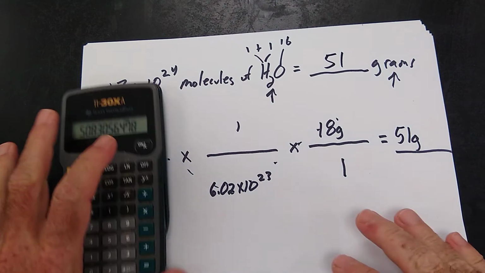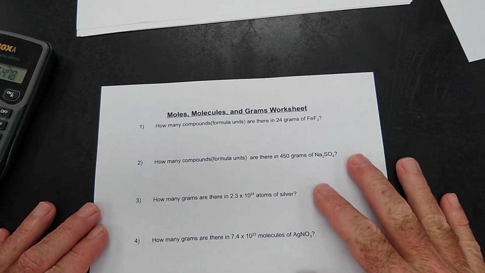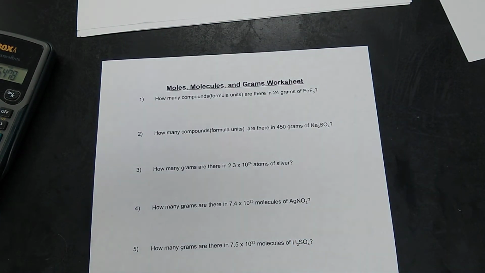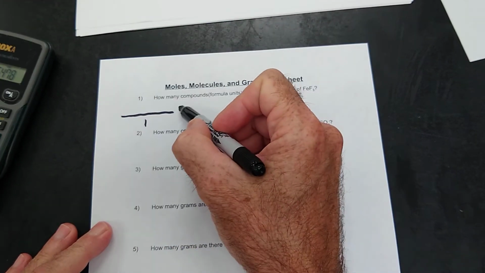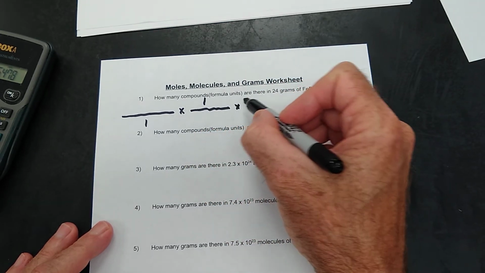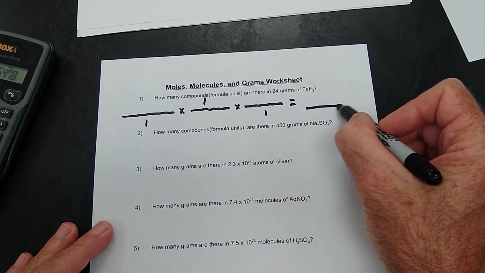Nice. All right, let's do one more. Let's do one directly off of your worksheet. How about we do number 1 from your worksheet? I'm going to give you an opportunity to fill this out, okay? Something over 1 times 1 over something times something over 1 equals our answer.